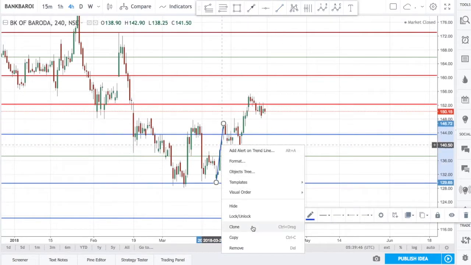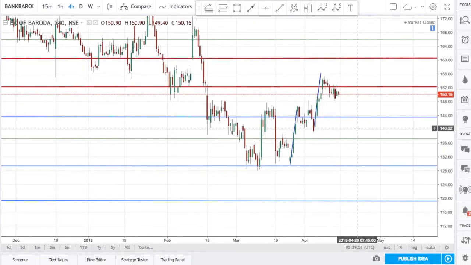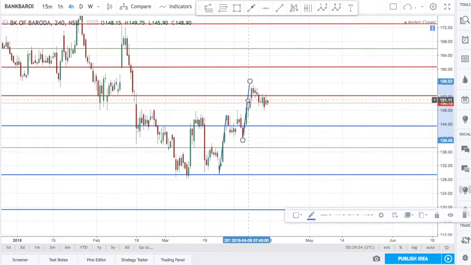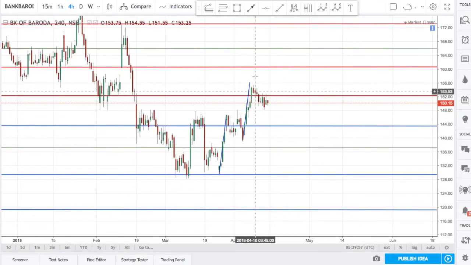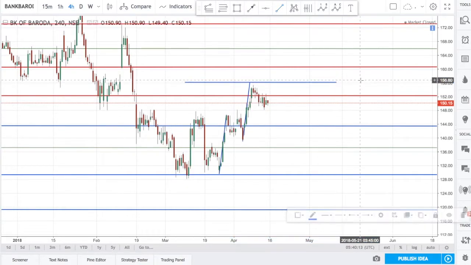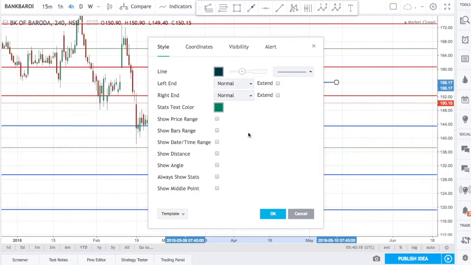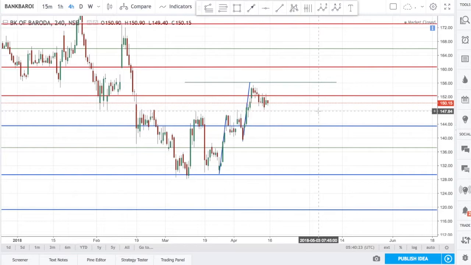Make a clone of the AB leg and the D point termination is approximately at this level. Let's mark this level with a green line. Okay.